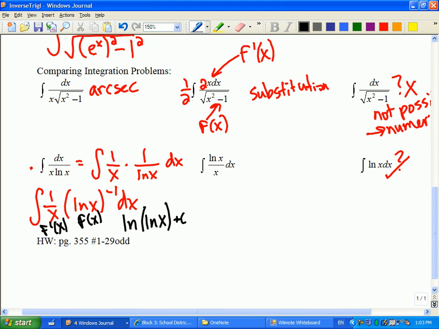What would you use? Okay, so what do you think for this last one? We could do substitution. We don't even have to get that complicated. Jackie, you want to? Well, let's take a look if we separate this.